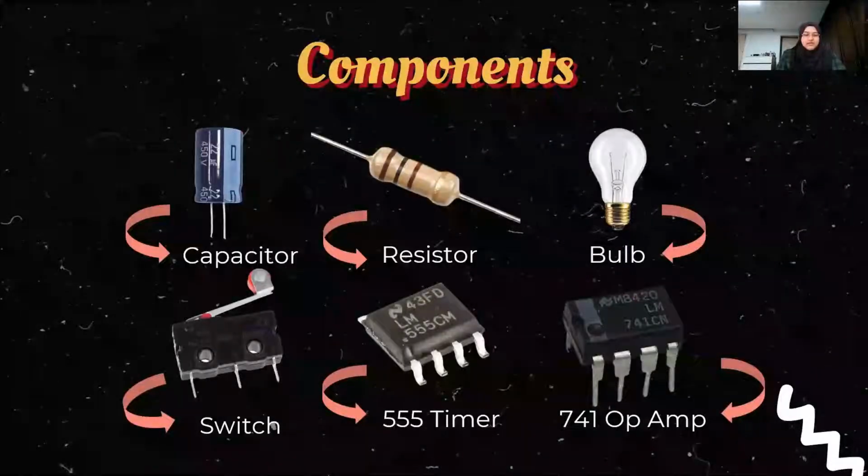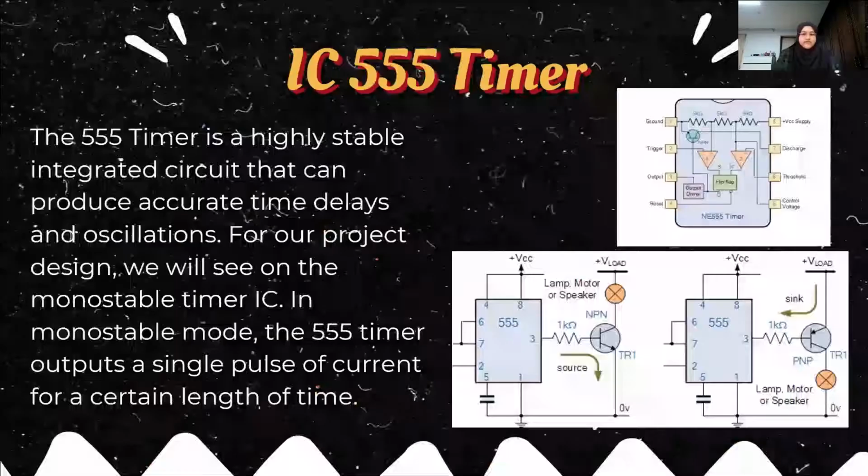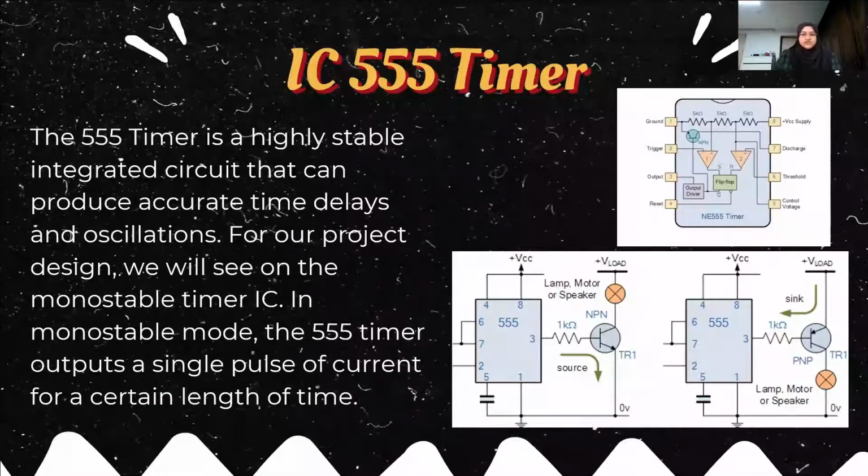There are 6 components that are used to build the circuit: capacitor, resistor, bulb, switch, 555 timer, and 741 operational amplifier. Now, allow me to illustrate the functions of the 555 timer. This system is implemented using a microcontroller which uses a 555 timer as the heart of the system and a sensor to detect the movement of the door.